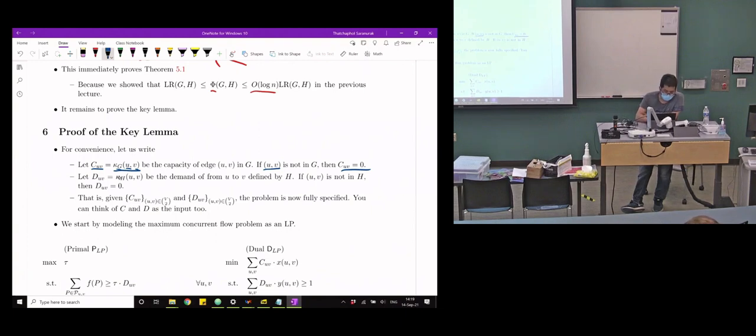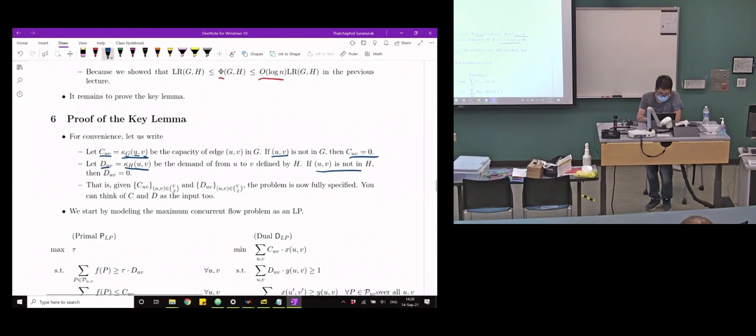And because we think of each edge in the graph H as demand, we write D_uv for demand. Again, if there is no edge, then the demand is 0. And okay, so that is just two things, that's just notation.